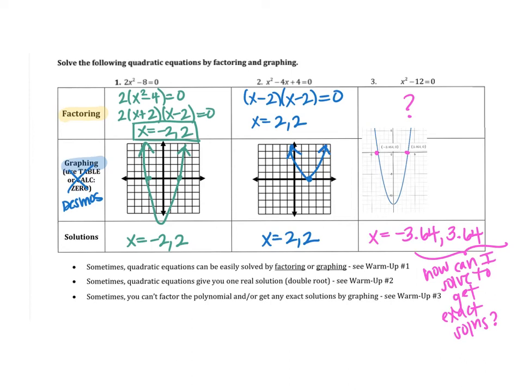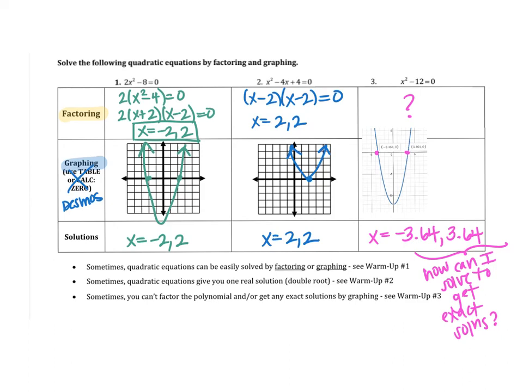If you look at example 1, sometimes we can solve quadratics easily by factoring or graphing, such as in warm-up number 1. Number 2, sometimes quadratic equations give us one real root or one real solution, also known as a double root. Again, we can solve it by factoring or graphing and easily get our solution, and that's warm-up 2. And example 3 is the big kahuna as to the why behind this lesson.